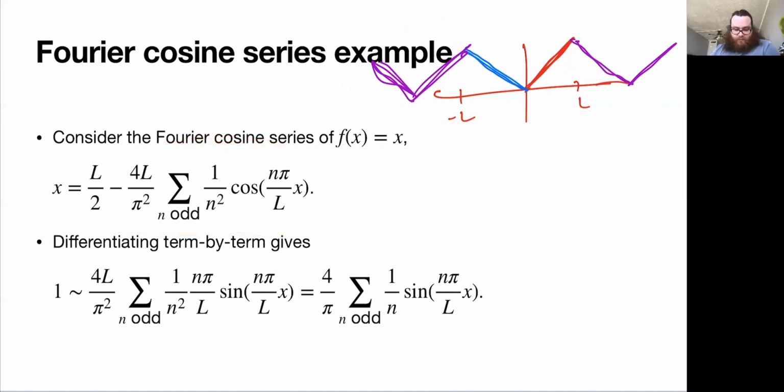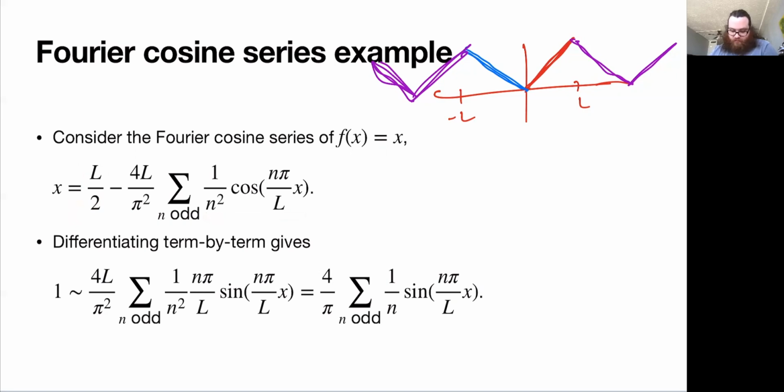Differentiating the left-hand side, the derivative of x is 1. Differentiating the right-hand side, the derivative of L over 2 is 0. Here we're taking the derivative of 1 over n squared cosine of n pi over L x.